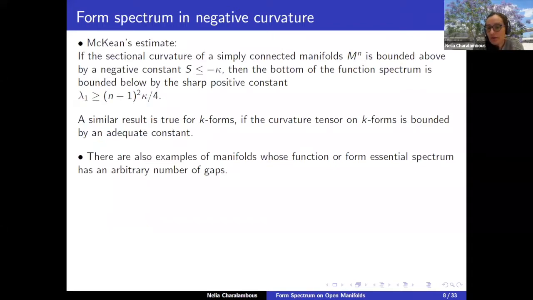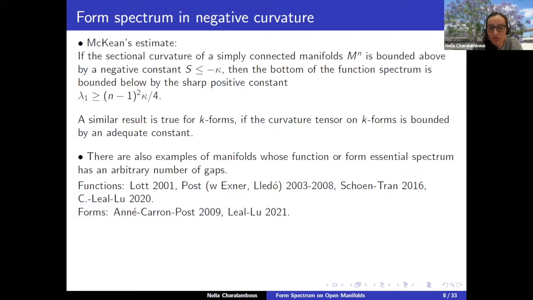There are also many examples of manifolds whose function and form essential spectrum can have an arbitrary number of gaps. In other words, the spectrum is not discrete, and we can have the spectrum consisting of an infinite number of intervals. There were various examples of manifolds constructed by Lott, Post, Shen and Tran, and also Lledó and my co-author Lu, for functions, but also for forms by Anné, Garon, and Post, and also Lledó and Zhu.